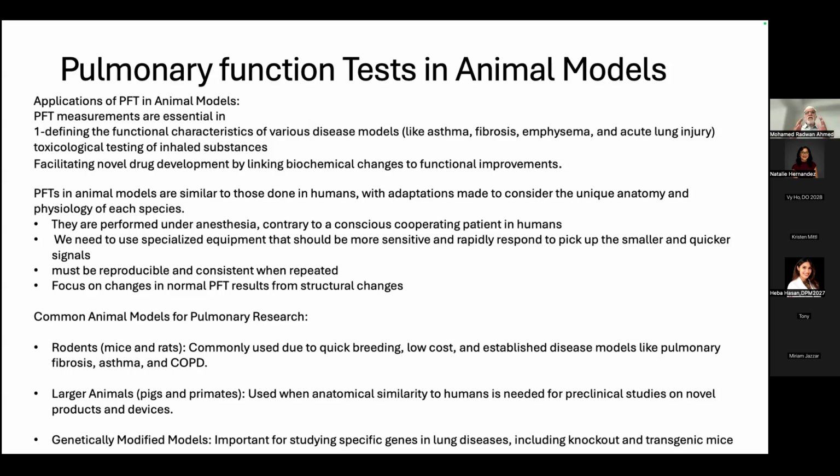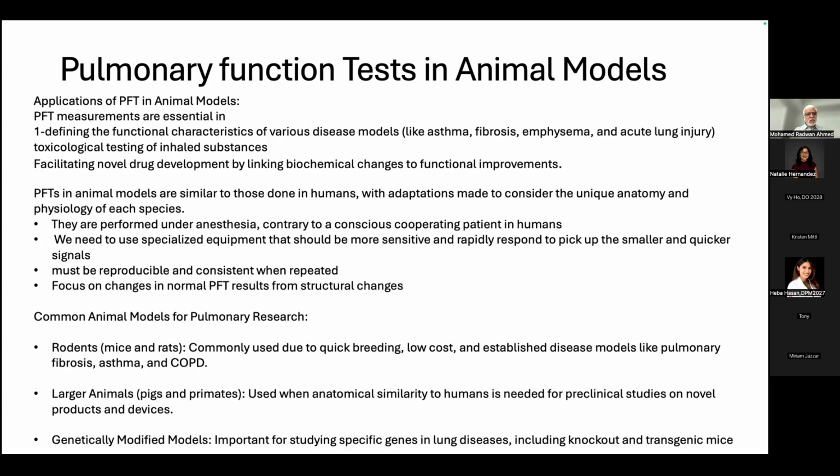So either the animal is awake and not controlled, or the animal is anesthetized with the endotracheal tube, or the animal is anesthetized and ventilated, meaning a ventilator is giving the air to the animal. So those are the types of tests we do in animals.